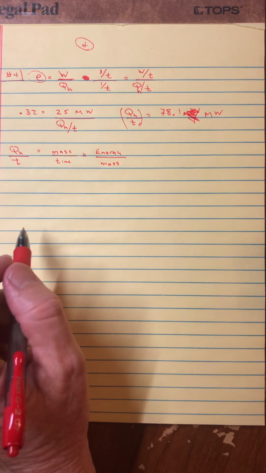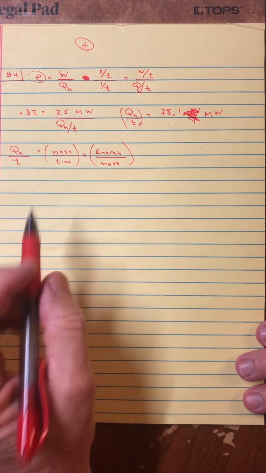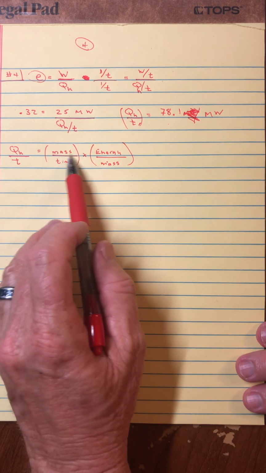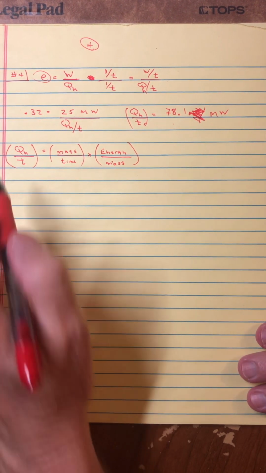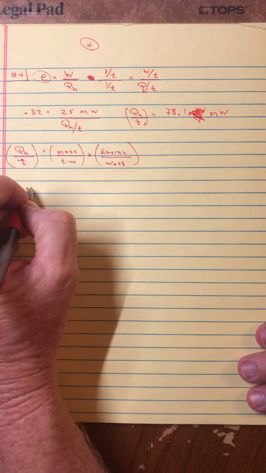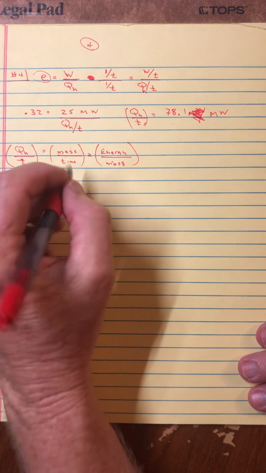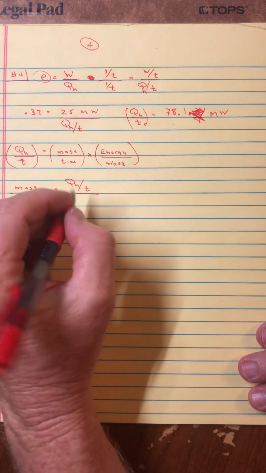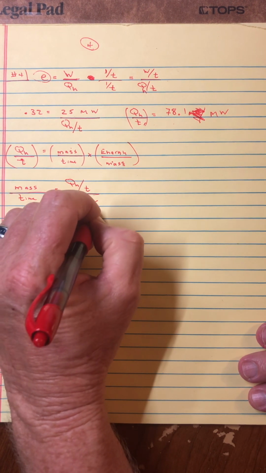Kind of our little chain rule here. So if I know the energy per mass, which is given, and then I multiply it by the mass per time, that's going to give me the energy per time. And so in this case, I know that one, and I know that one, and I'm asked for this one. So mass per time must equal the heat per time divided by the energy per mass.